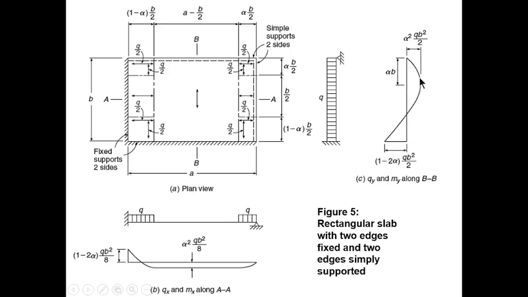There's only span moment. The support moment, if you work it out, will be something like this, and the span moment will be something like this. But take note of this distance. The distance between the simple support and where you have the maximum span moment is given by alpha B. Take note of that. We will need that. I think when we are solving examples, you will understand this figure better.